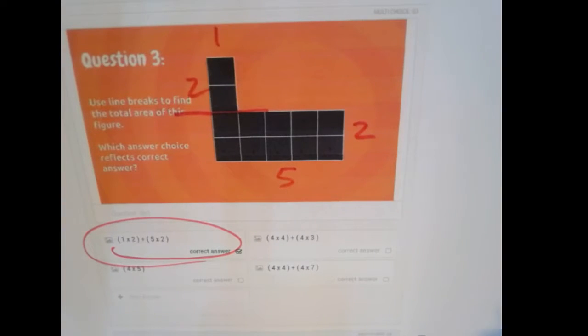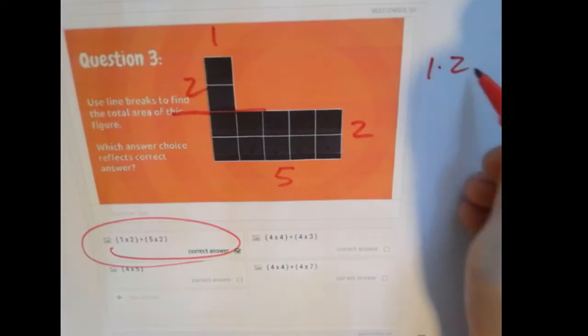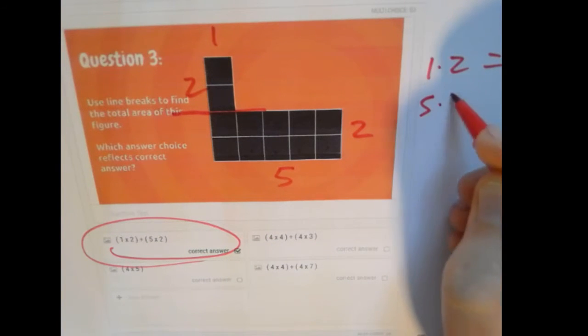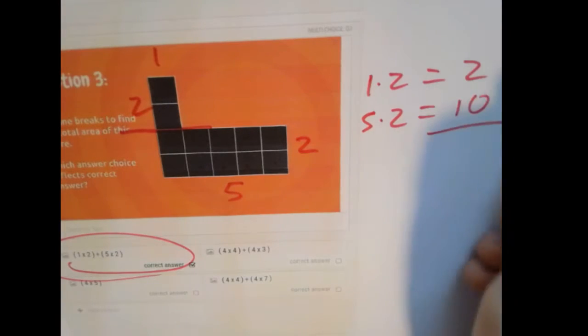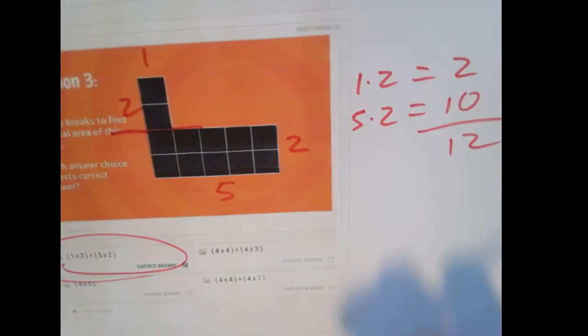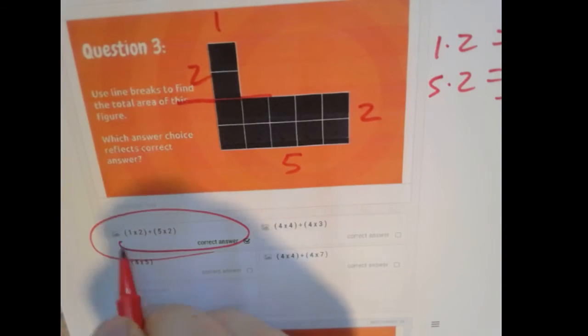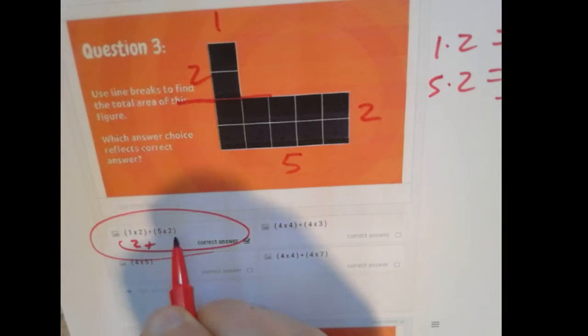That would be this, right? 1 times 2 equals an area of 2. 5 times 2 equals an area of 10. Add those together and we get a total area of 12, okay? Now it's not asking for the total area in this case, but rather how we would break that up. 1 times 2 is 2, plus 5 times 2 is 10. And that was a way to check our work there.